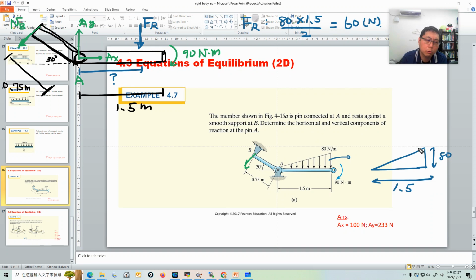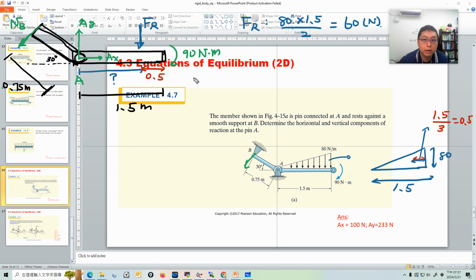Even if you don't know the proof, that's okay, but memorize the conclusion. The centroid of the right triangle is about here. What's the distance here? If you don't remember, here's a hint: this distance is 1.5 divided by 3, so it's 0.5. So this distance is 0.5, and this one is 0.5. So what is the question mark?